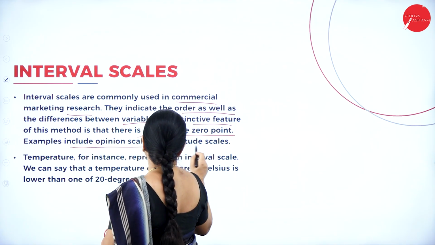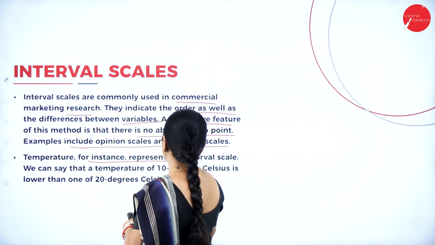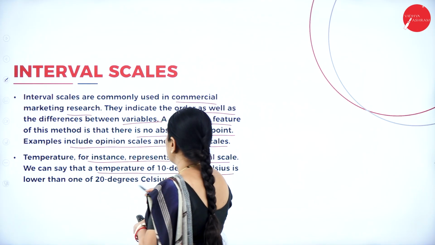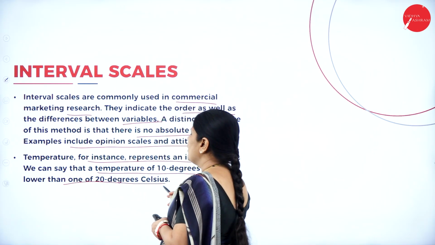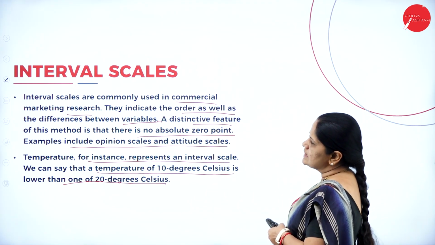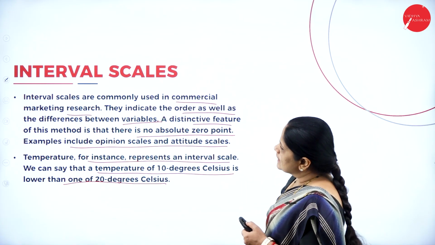Examples include opinion scales and attitude scales. Temperature, for instance, represents an interval scale. We can say that a temperature of 10 degrees Celsius is lower than one of 20 degrees Celsius. So, this is an interval scale which is commonly used in marketing research.